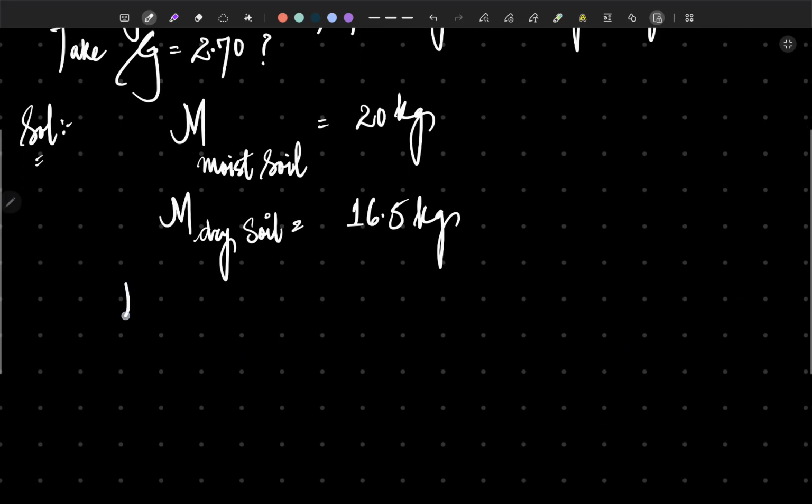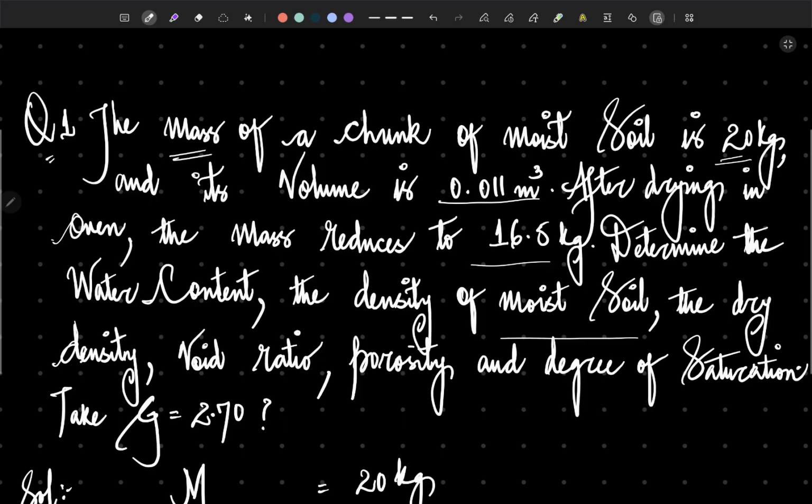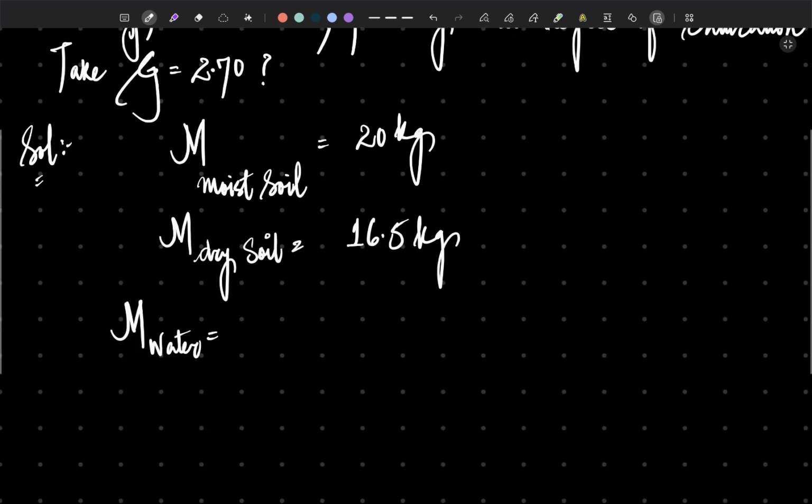Now we have to see what is the mass of water. The mass of a chunk of moist soil was taken, and then the oven drying method was used to determine its water content. And how we can determine its water content? Mass of water will be 20 minus 16.5, because mass of the moist soil is 20 kilograms.